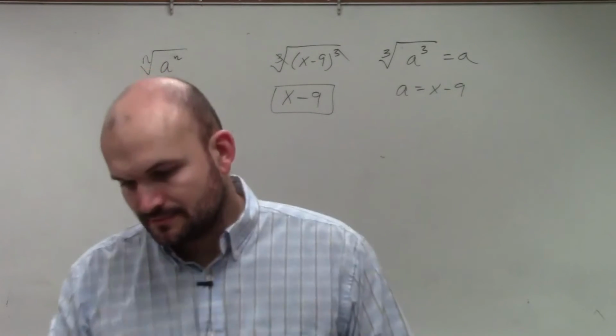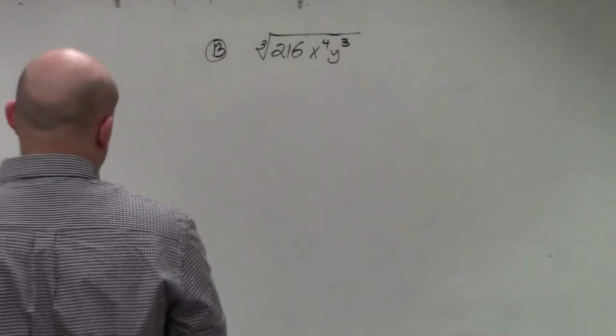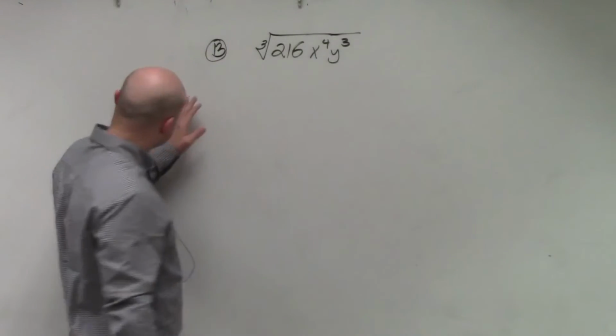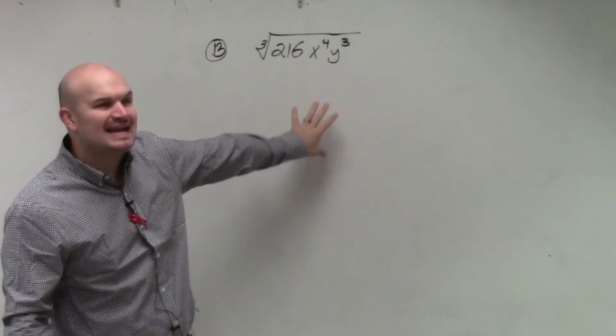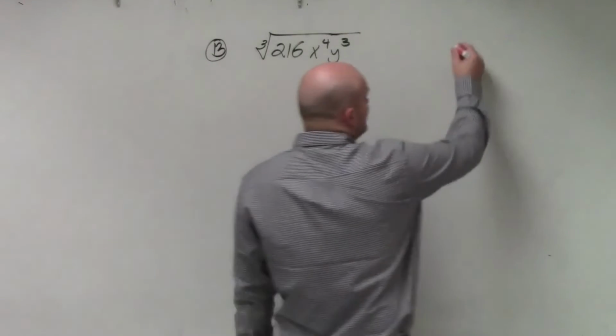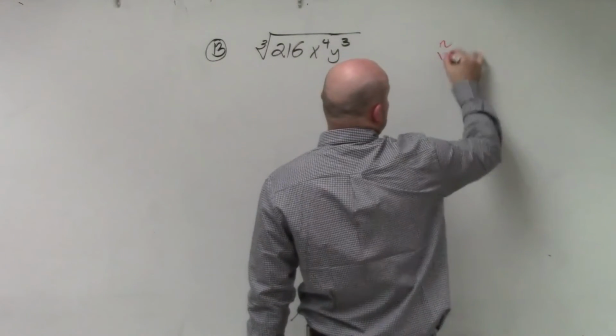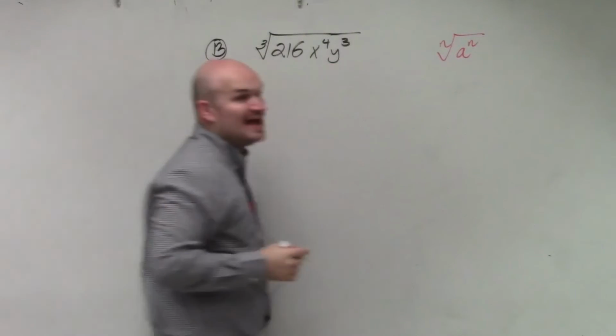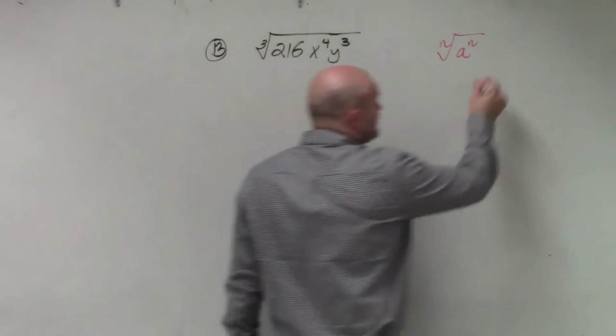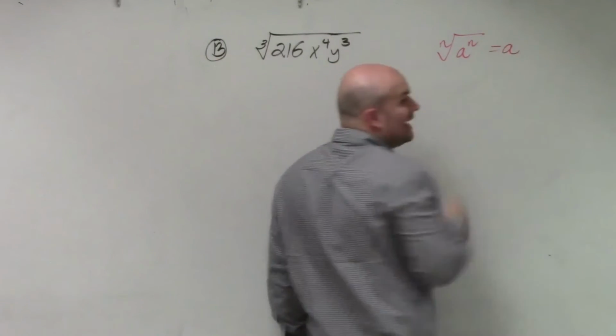If you guys remember, the main important thing when simplifying is using our identity element. The identity element basically states when you have the nth root of a to the nth power, that equals a.